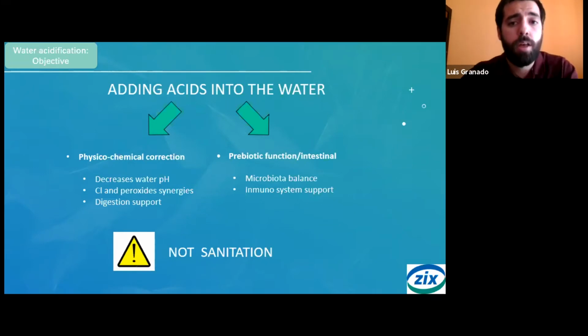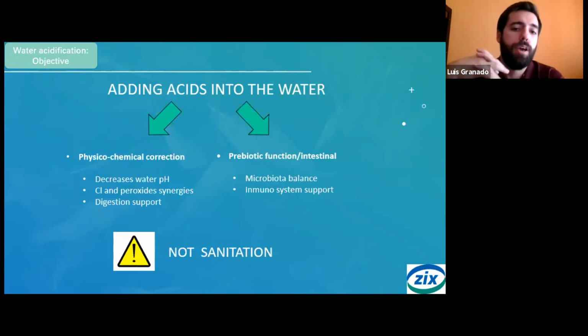We know that it is not fine to work with alkaline waters because we will have a reduced digestibility, and also some treatments like, for example, chlorine will be seriously affected by this pH. But also, we want to provide a good environmental support to the digestion process, right? In all these cases, it will be just what we call a physicochemical correction of the water.